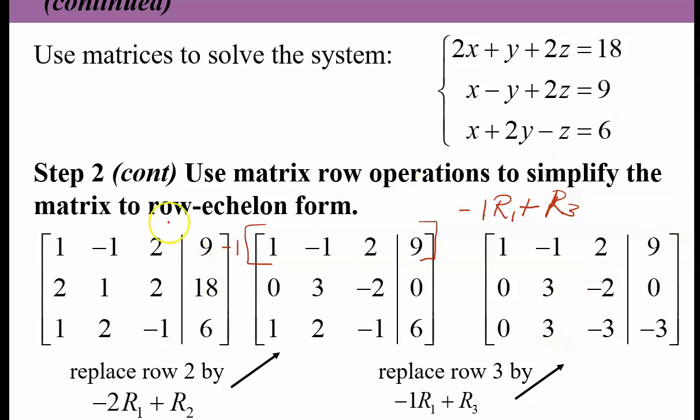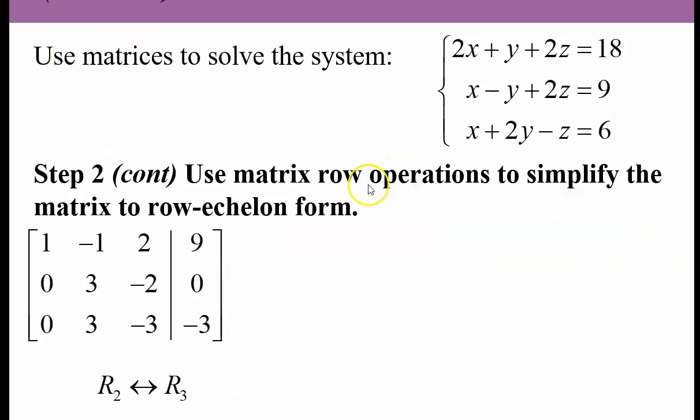Let's take a look. As I mentioned, there's more than one way to do it, so I see what they're going to do is take row 2 and switch it with row 3. Okay, let's follow up on that.